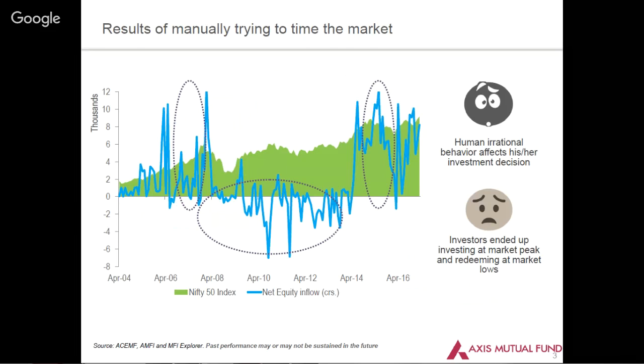The zero line represents zero flows. If the blue line is above zero, that is a period when money has come into equity funds from investors. The blue line being close to zero or below zero means that either flows are not coming, or at the margin, people are taking money out of the funds.